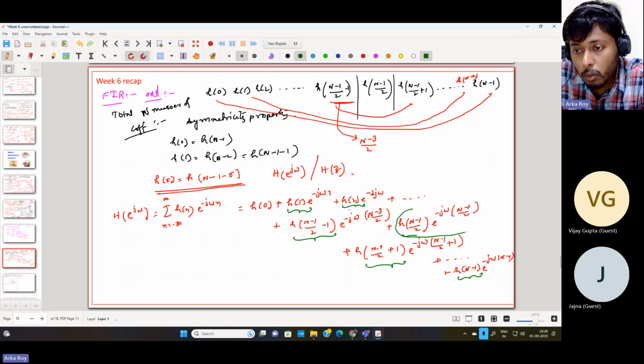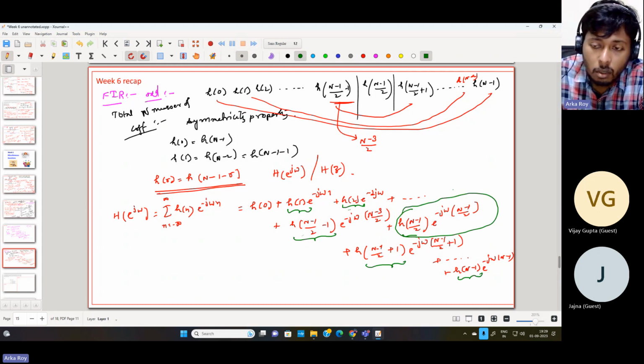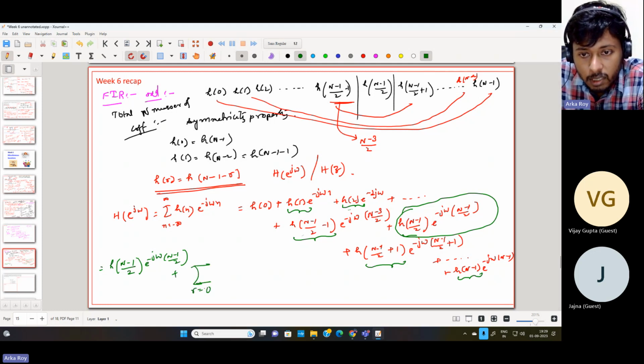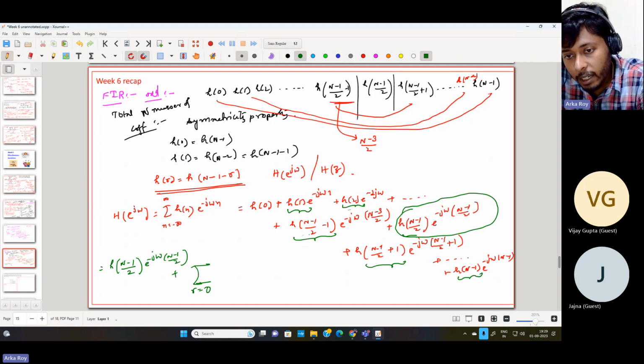However, this is the only coefficient that has no relation with the other components. So therefore, I can explicitly take this particular term out of the group: h of n minus 1 by 2 e to the power minus j omega n minus 1 by 2. And followed by that, I can write a generalized equation which will start with 0 and end at this particular location, that is n minus 3 by 2.